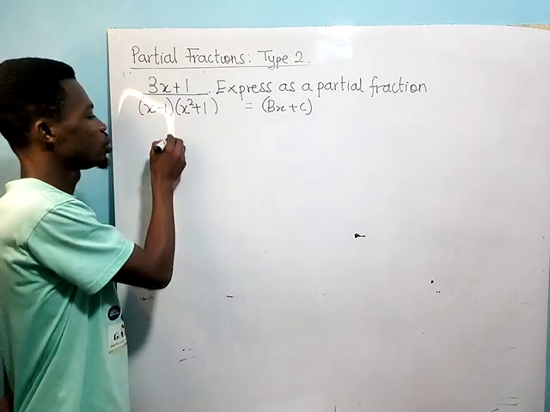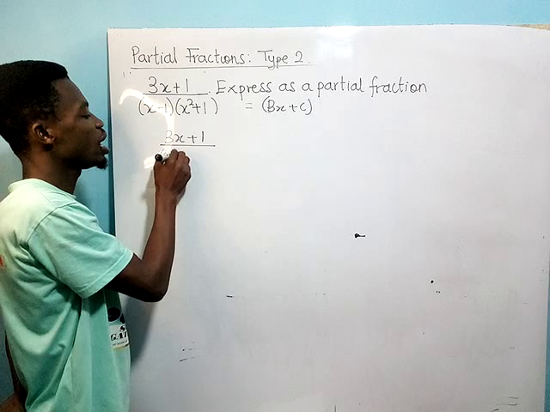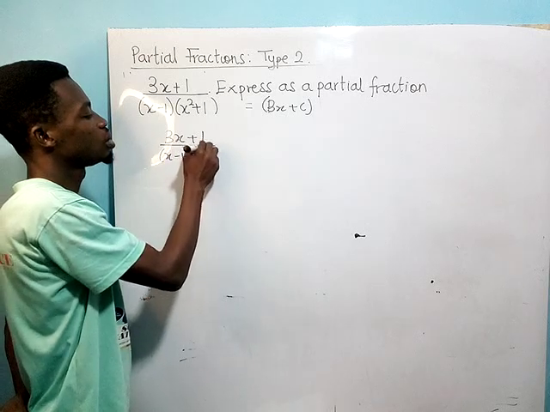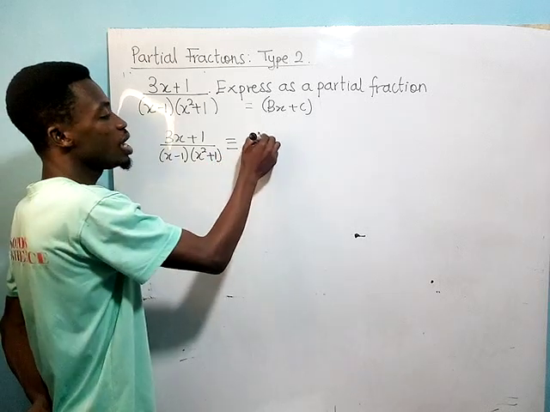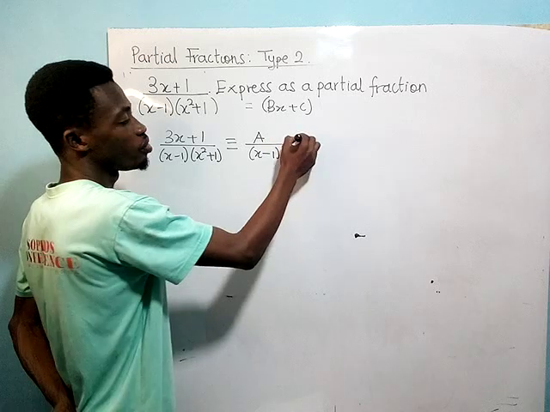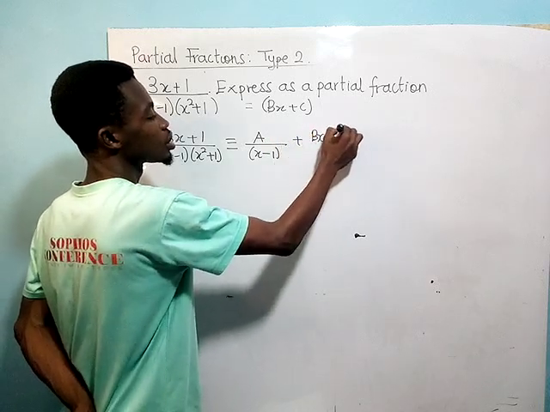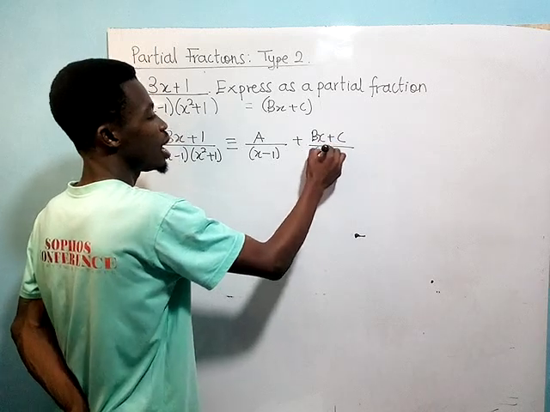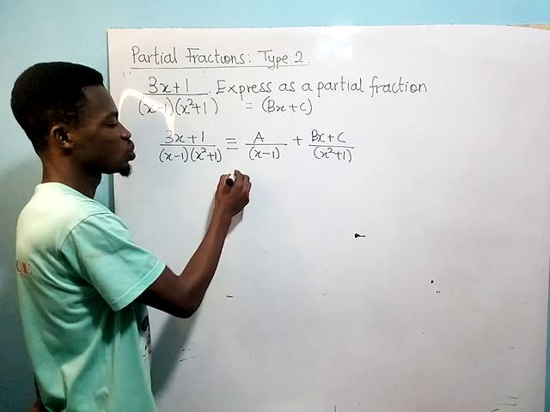So we know that our (3x + 1) over (x − 1)(x² + 1) is identical to A over (x − 1) plus (bx + c) over (x² + 1). Now this is what we do.